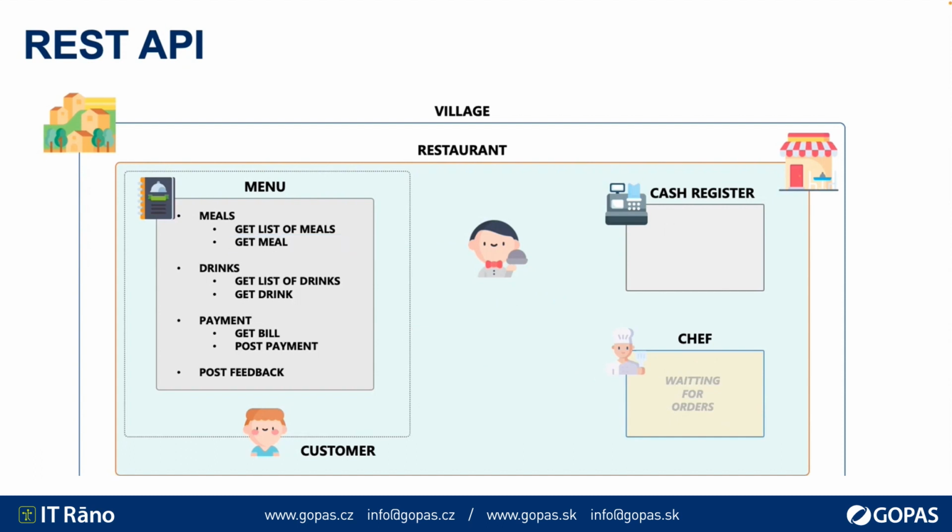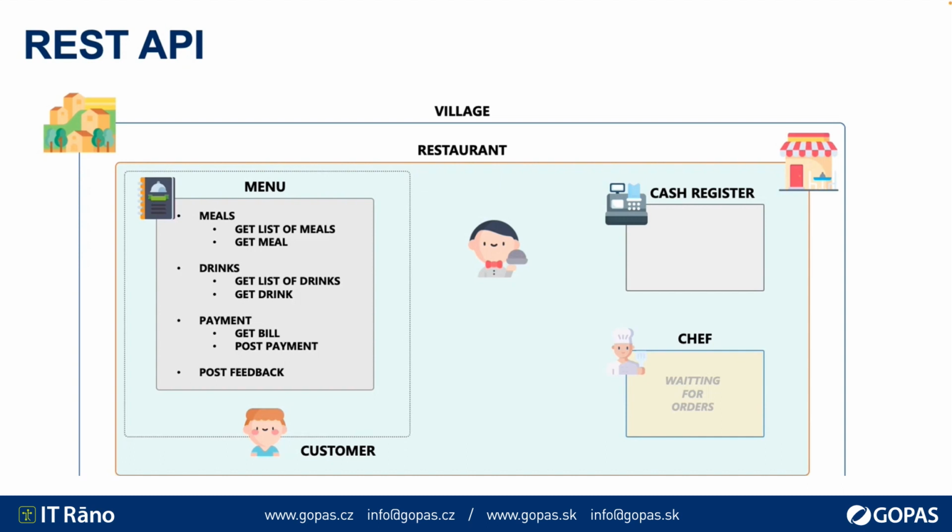And what if we would like to pay? If I go for payment, I can see 2 more points here: get a bill and post payment. If I knew how much this risotto cost, I could pay directly, but I don't know.